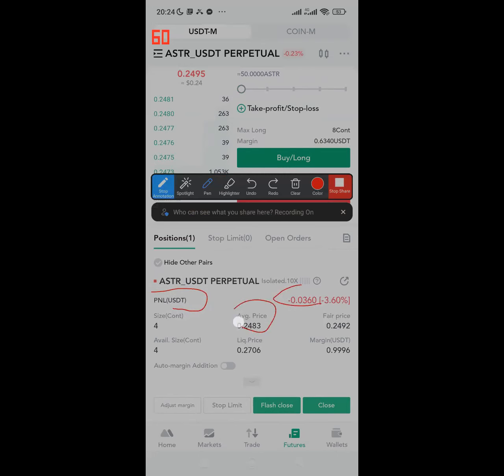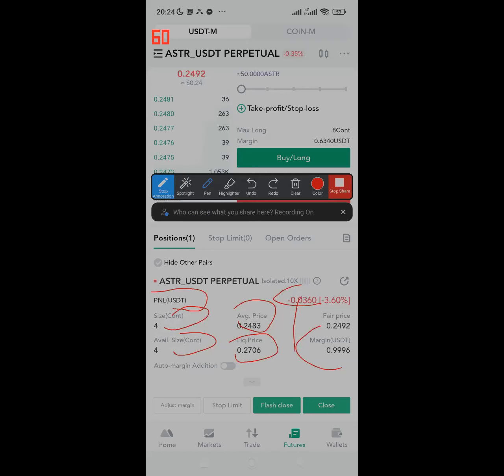You see the average price of your entry, the liquidation price, margin size, and the total amount of the token you bought, which is 4.